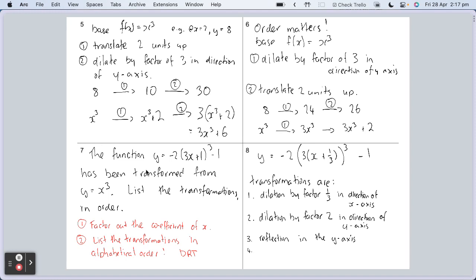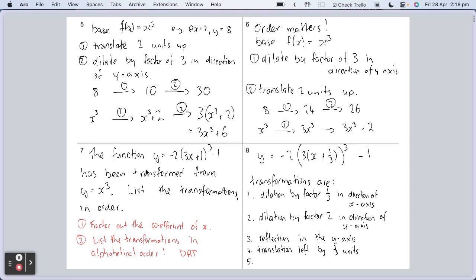Is there a translation that is inside the cube? Yep. What is it? Sorry? It is. It's a third. Which direction? Think counterintuitive, left or right? Left. Well done. So, translation left by 1/3 units.